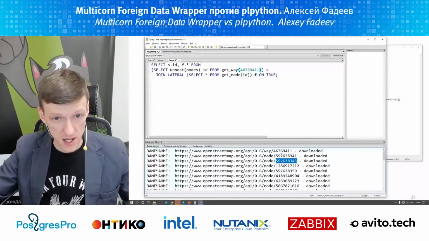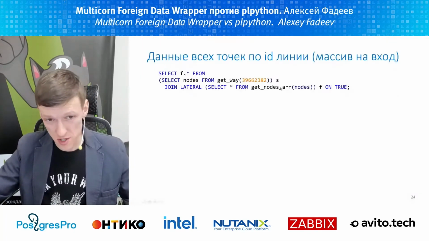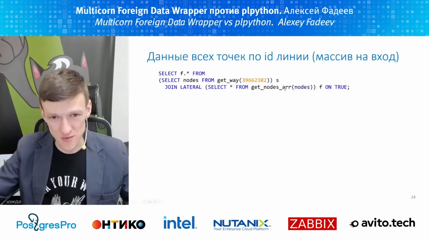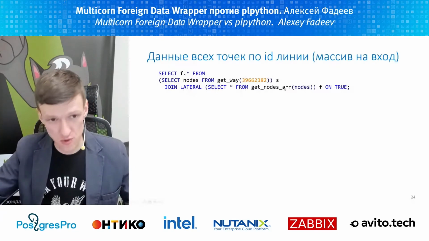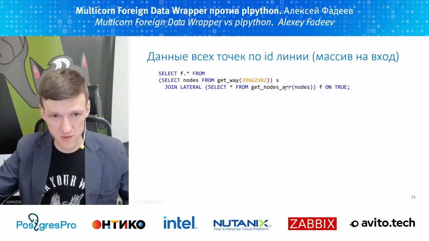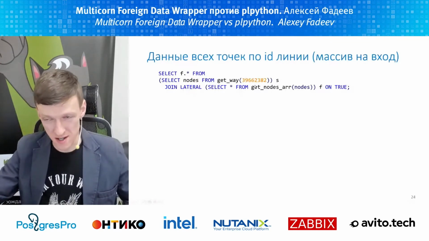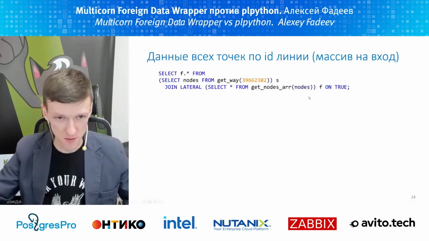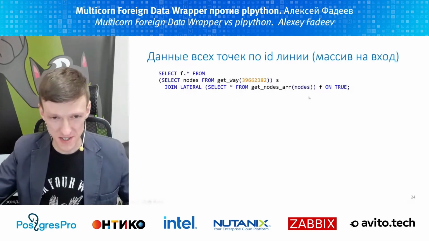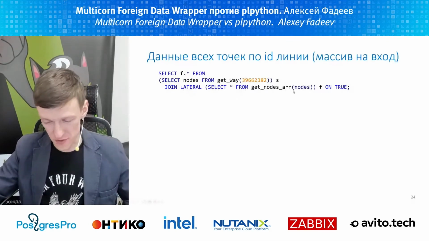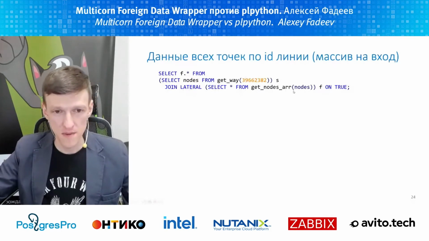So it would be a good option. Or there is another option. If we don't want to call the function every time, we give the array and use the function that accepts the array. In the OpenStreetMap API, there is no endpoint that would accept the array. I have implemented it, but inside, in a cycle.